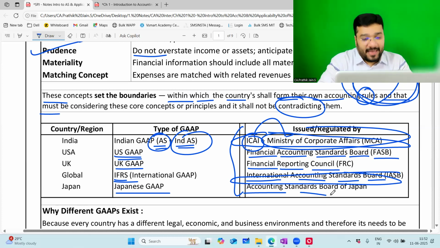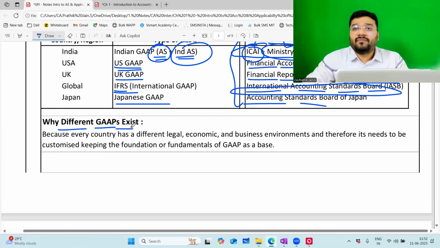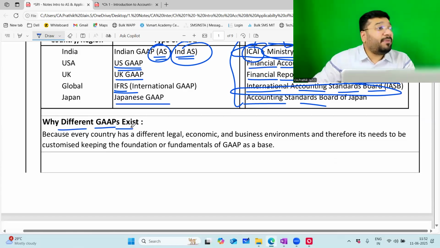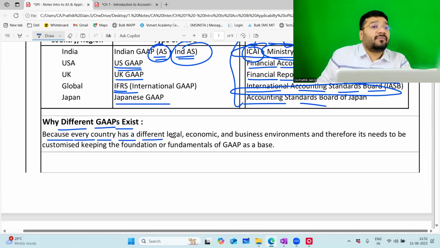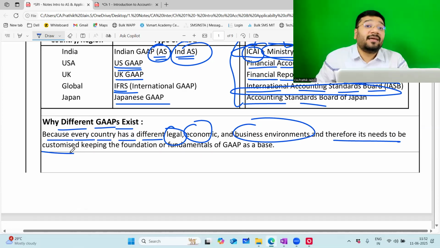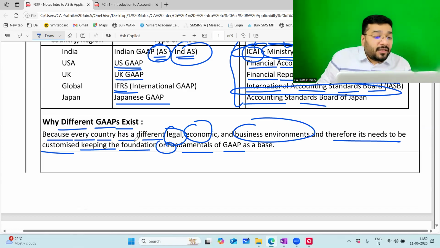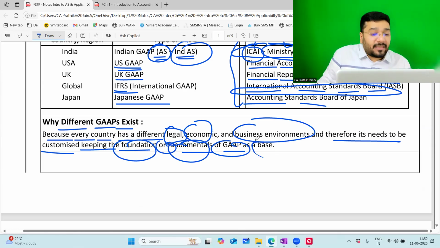GAAP. Now, why different GAAP exist? Why do different countries have different GAAPs? Because every country has different legal challenges, economic challenges, business environment, and therefore it needs to be customized. The GAAP needs to be customized, keeping the foundation and the fundamentals of GAAP as a base.